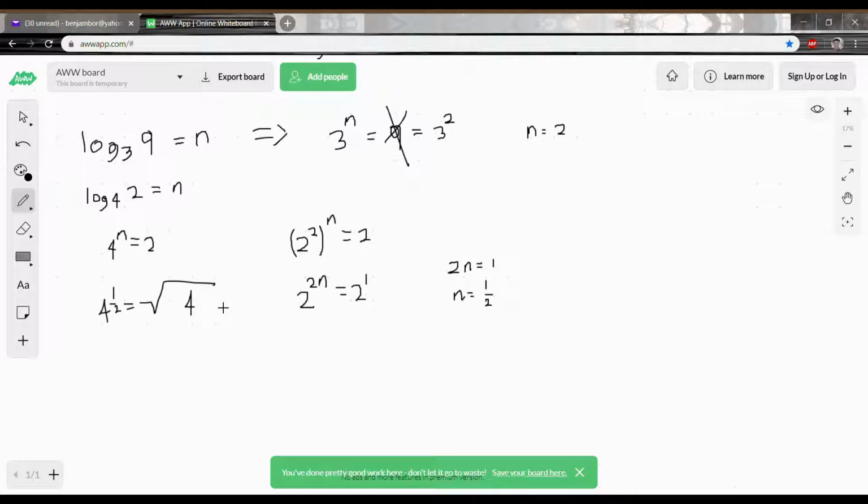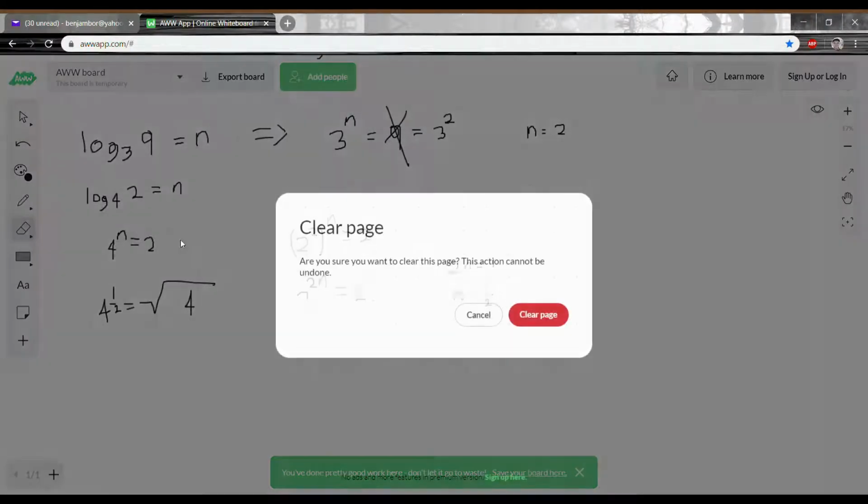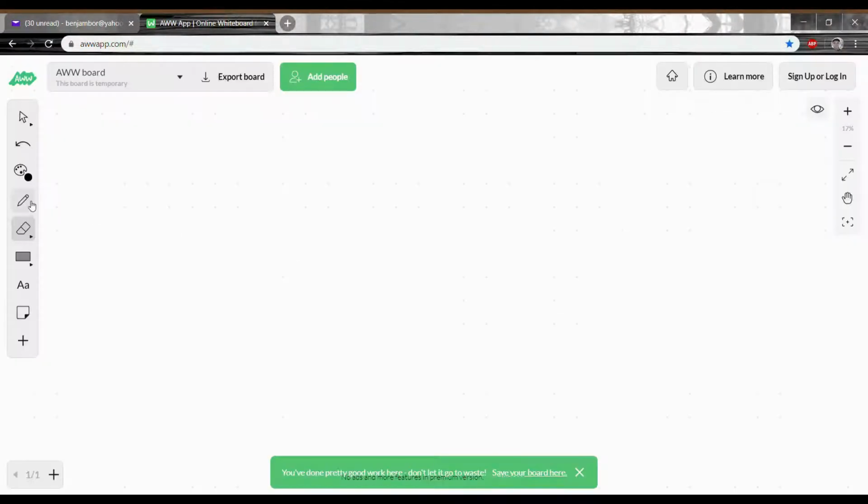Let's go over some general rules for logarithmic functions. So let's say we had a logarithm of base 5 of 1, and we want to evaluate it. We want to figure out what exponent we have to raise 5 to get 1. Let's convert this to an exponential function.